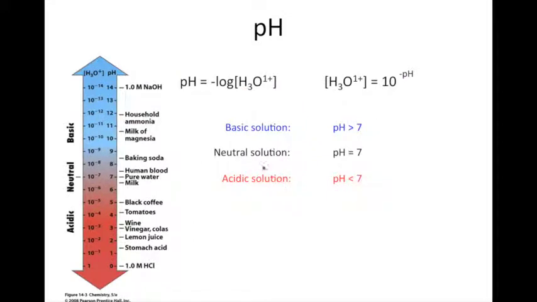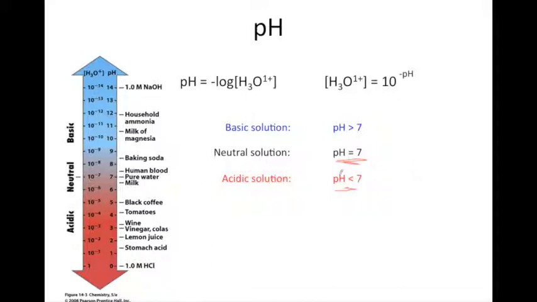For pHs, we generally consider anything that has a pH of 7 a neutral solution. If a solution has a pH greater than 7, so 8, 9, 10, all the way to 14 or higher, we say that it's a basic solution. And if the pH is less than 7, we say that's an acidic solution.